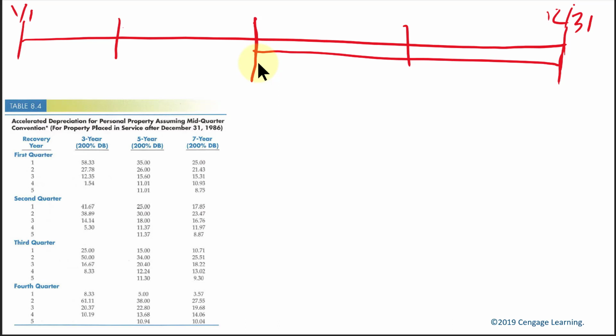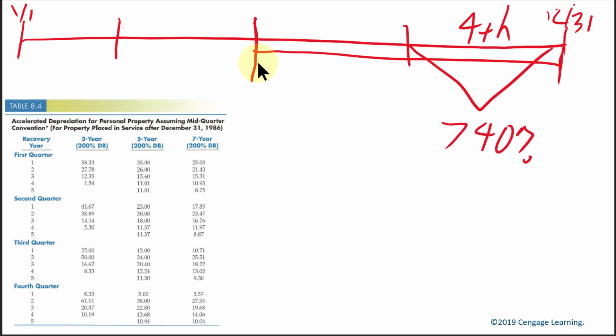But now, here in the fourth quarter, if you buy more than 40% of your property placed into service for personal property, then you got to use the mid-quarter convention, where you're going to assume anything bought in each of these four quarters is going to be placed into service right in the middle of the quarter and depreciated to the end of the year.